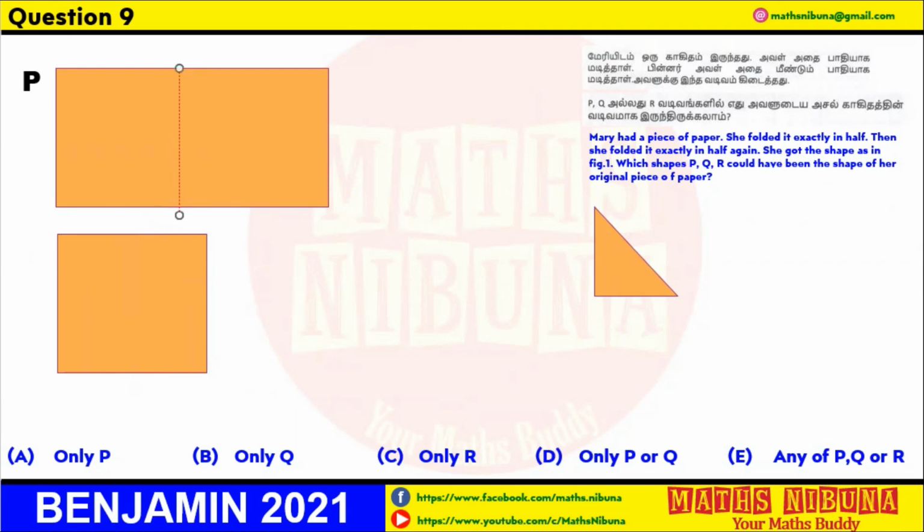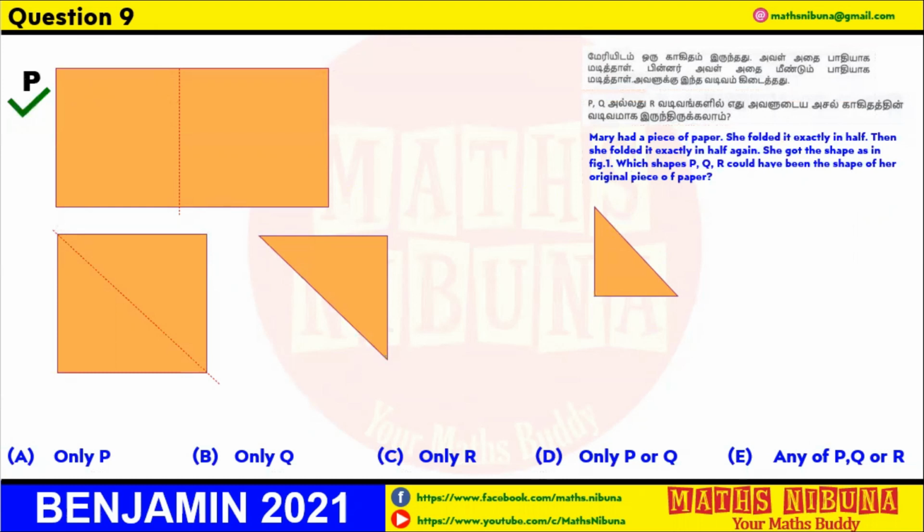She can also fold in a diagonal way. So when she folds this one to here, she will get this shape, correct? So this and this shape are the same. That means P is a possible answer.